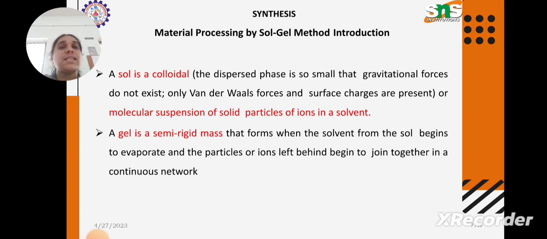A gel is a semi-rigid mass that forms when the solvent from the sol begins to evaporate and the particles or ions left behind begin to join together in a continuous network. That is called sol gel. So it is called the sol gel method.